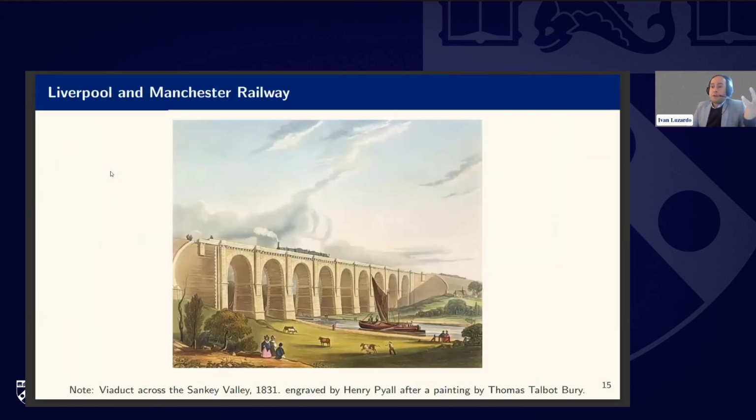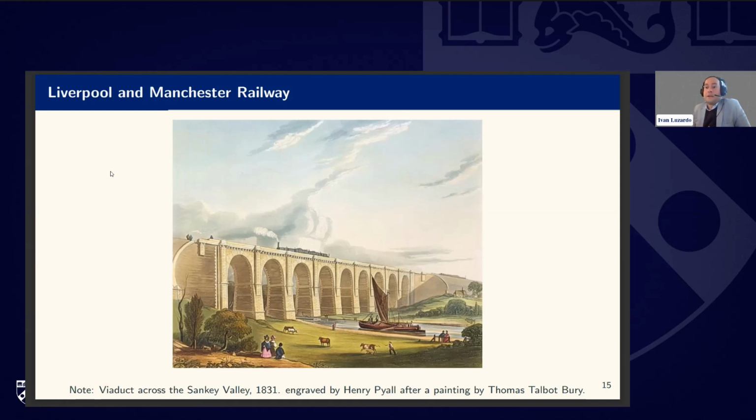Also, it was not just about steam navigation. It was also steam in land transportation via railroad. So we have here a painting of the first intercity railroad in the world, that was the Liverpool and Manchester route.